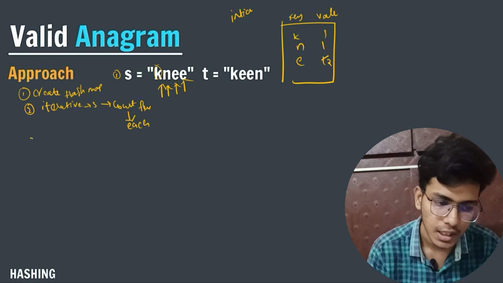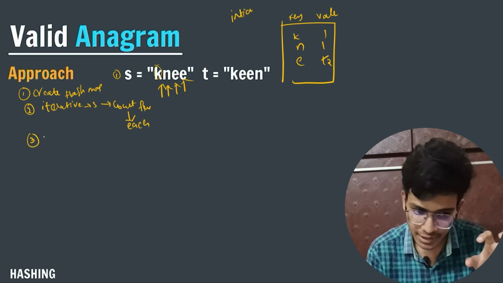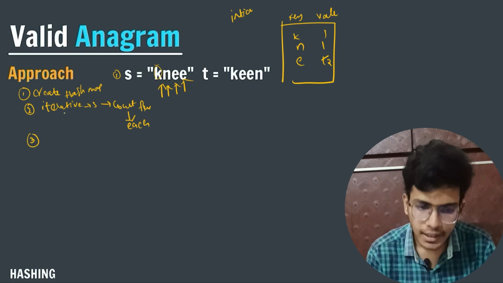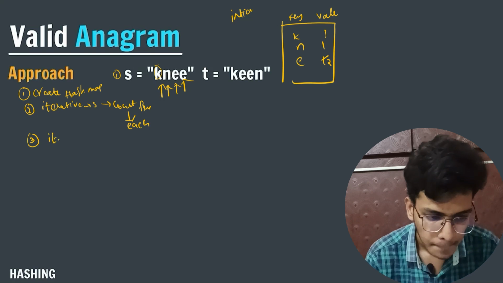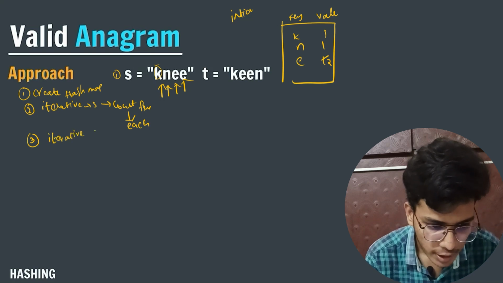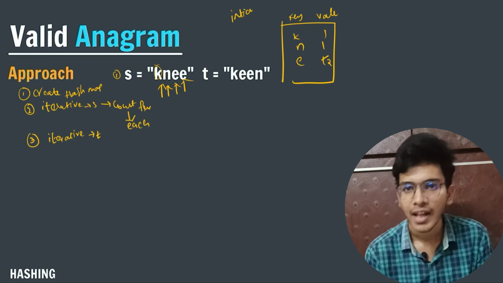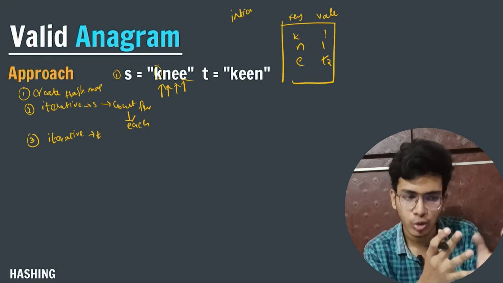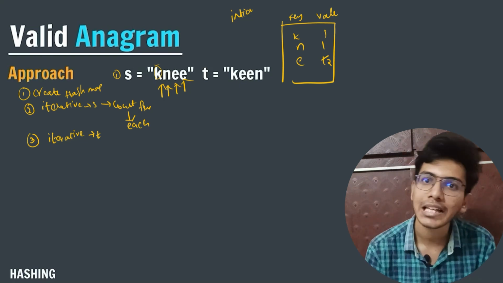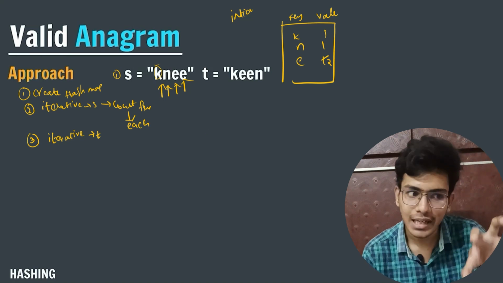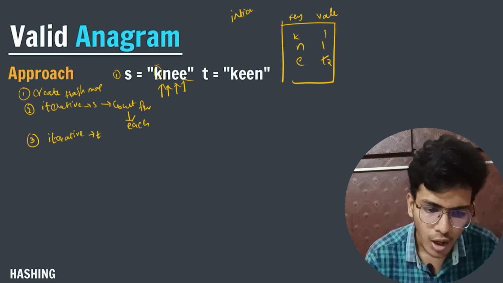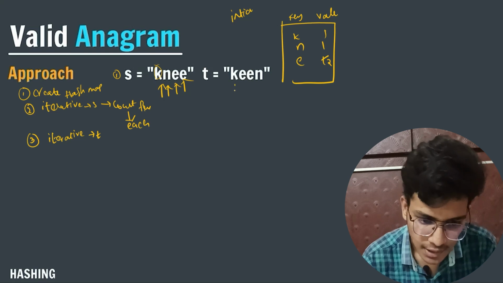This is my step 3. In step 3, I will iterate through the t string, and as I iterate through each character I will decrement the count in my hash map. So what I mean by decrement is, let's say this is my k.